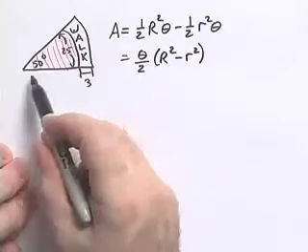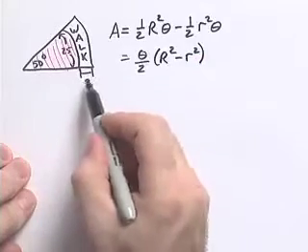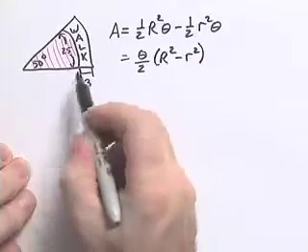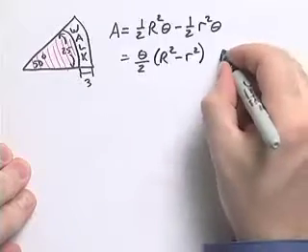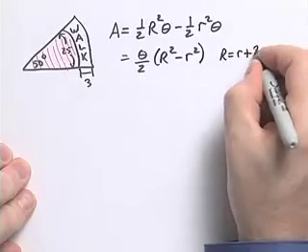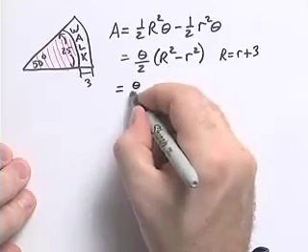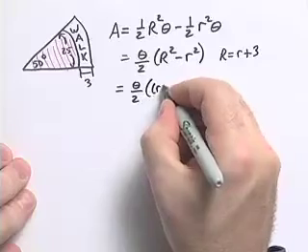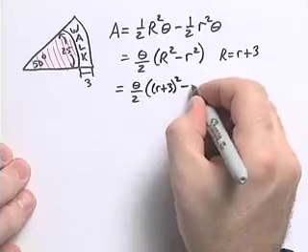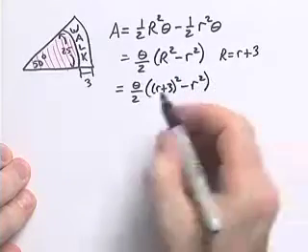We see that the radius of the large sector will be 3 feet longer than the small radius. That is, capital R is equal to little r plus 3. We can substitute that into our equation. We'll get theta over 2 times (r plus 3) squared minus r squared.